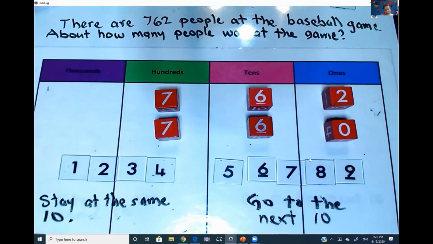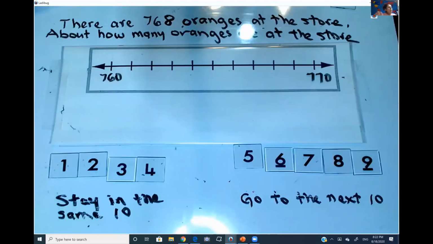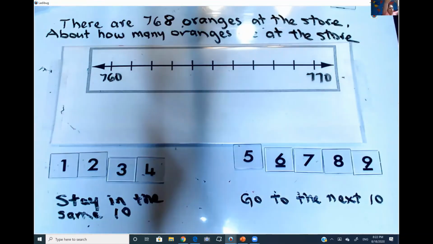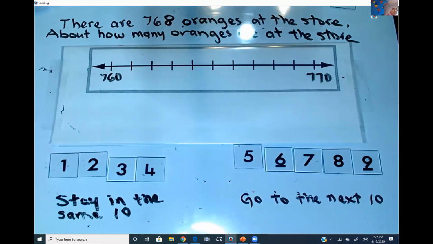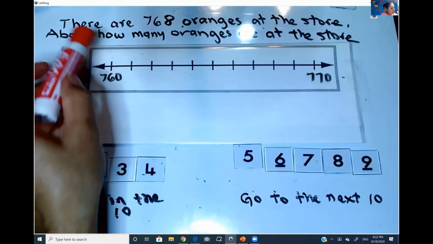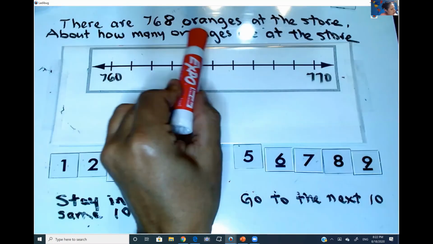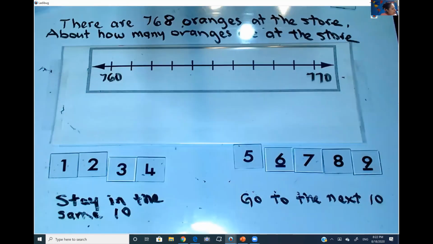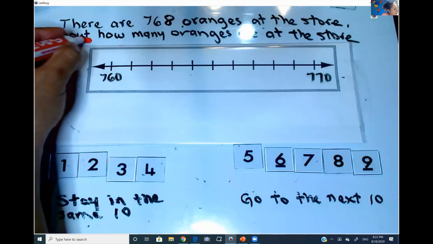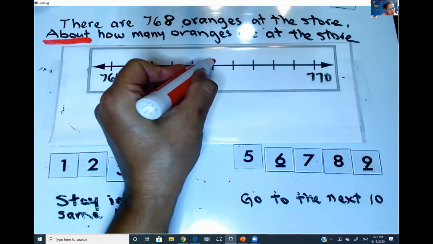Now let's try a number on the other side of the spectrum. Now we have a problem very similar to the one we had before. And here it says there are 768 oranges at the store. About how many oranges are at the store? So when we have this word about, that means we're rounding. And again, we have to find the middle number.